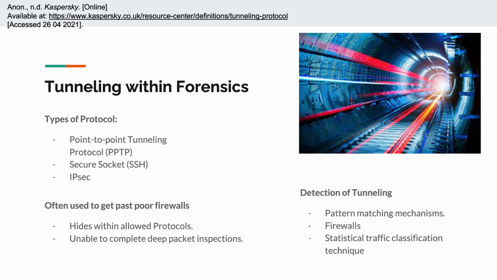These tunnels can be prevented by firewalls and pattern matching techniques. However, as these have become less useful over the last 10 years due to better encryption, newer techniques need to be used. For example, using statistical traffic classification techniques that may look at things like unusual character sets.